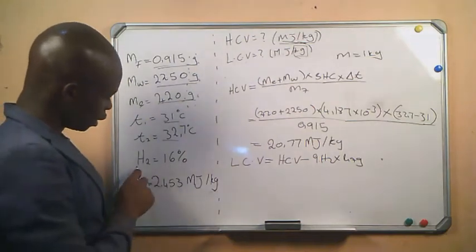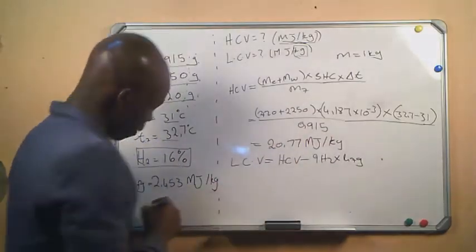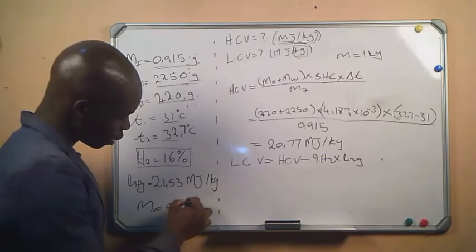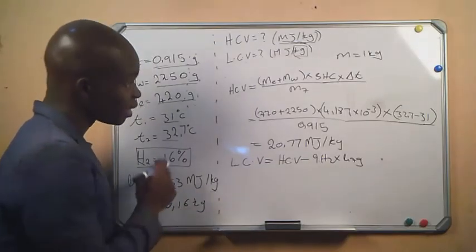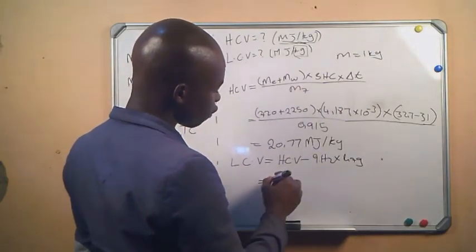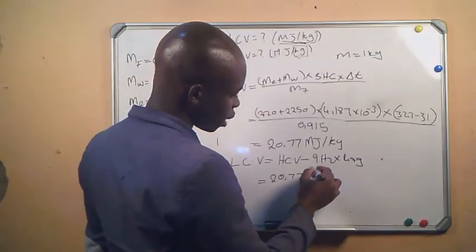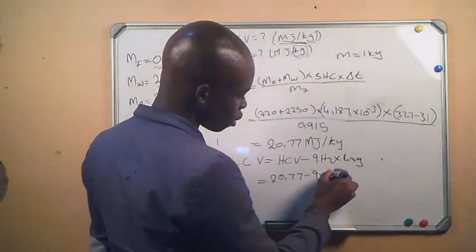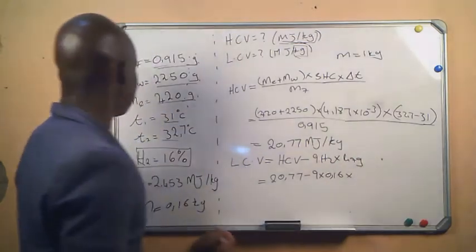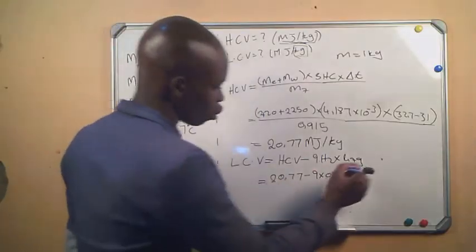And then they said in the system we have 16% of hydrogen, which gives us a mass of the hydrogen as 0.16 kg, because we are dealing with 1 kg. So we can say our high calorific value is 20.77 minus 9 times 0.16, which is this mass, times the HFG they gave us, and it is already in megajoules, so there is no need for us to convert.